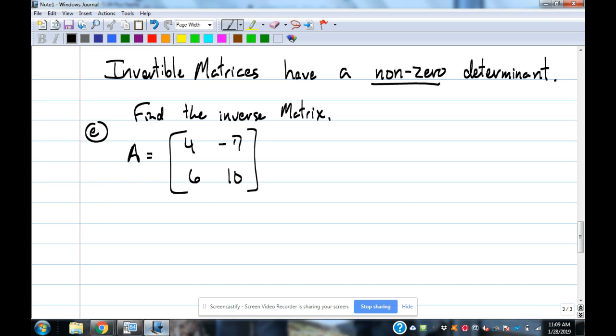Now, the way you would do this by hand is you would set up an identity matrix over here, which we'll talk about in just a minute. And then you would have to come up with the row operations in order to convert this matrix into the identity matrix, and then what's over here would be your inverse.